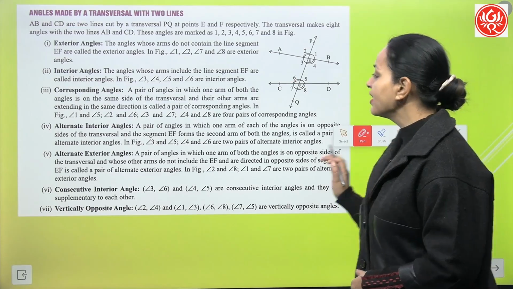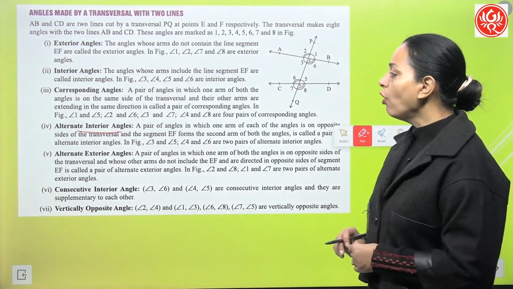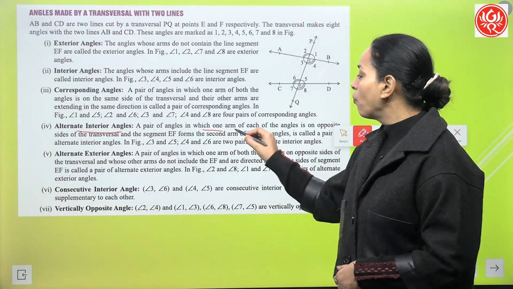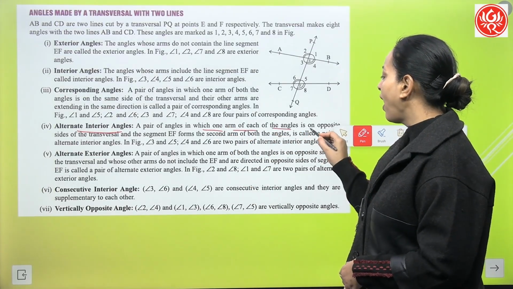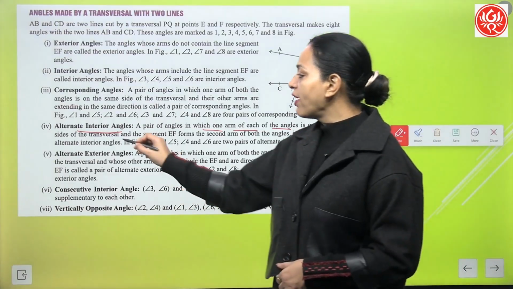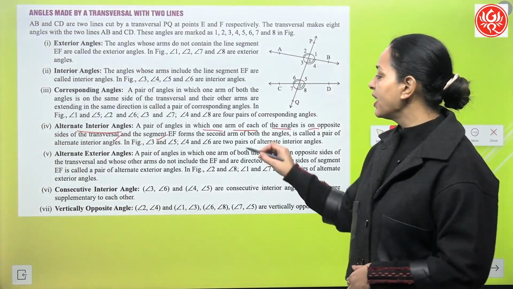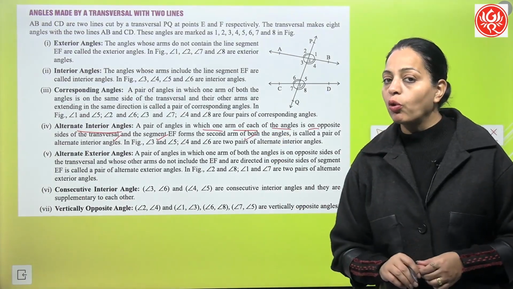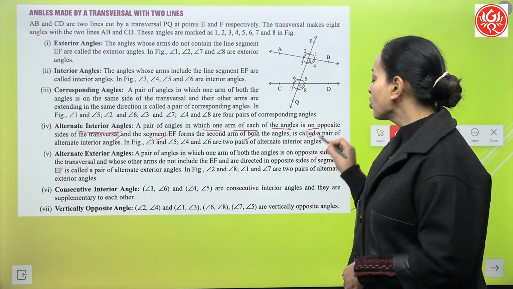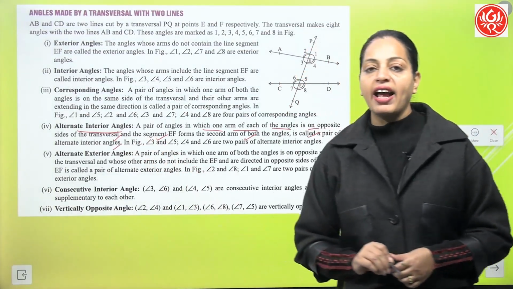Now the next is alternate interior angles. A pair of angles in which one arm of each of the angles is on opposite side of the transversal and the segment EF forms the second arm of both the angles is called a pair of alternate interior angles.